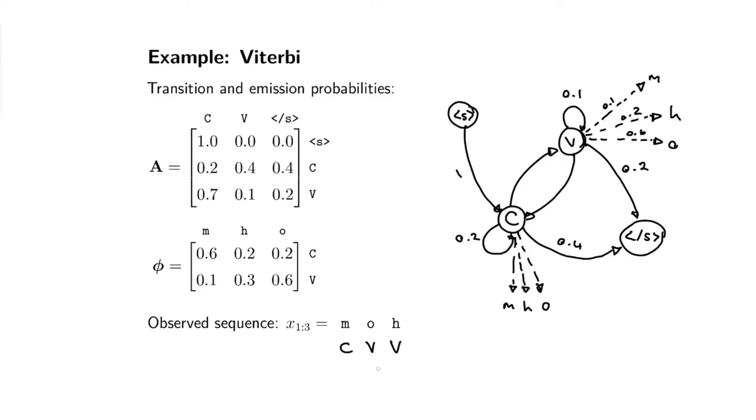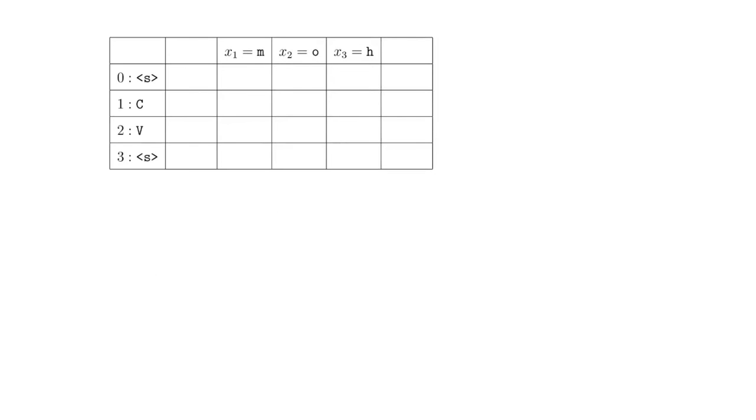For example, a VV transition actually has a very low probability of 0.1, and this greedy guess that I made ignored that completely. So let's do the Viterbi algorithm to get something better than my bad guess. We're going to systematically fill in this table, which is really just my delta t, j.